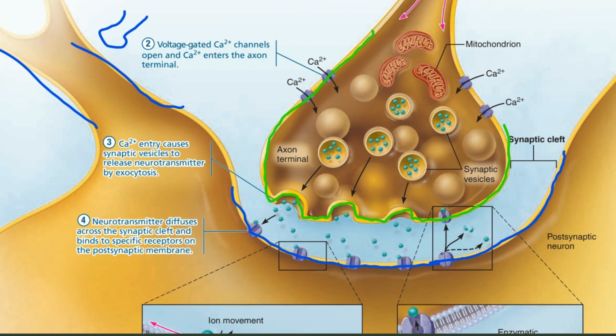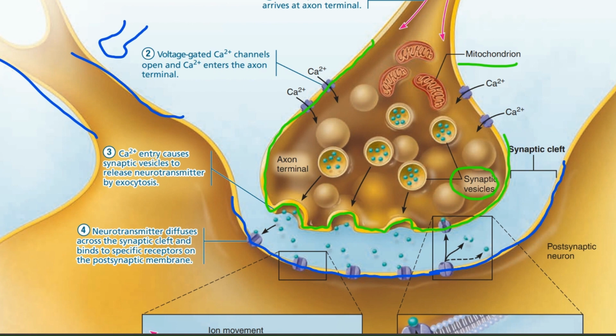Okay? We can see in the presynaptic neuron, mitochondrion, and important synaptic vesicles. These synaptic vesicles store the neurotransmitters, which will be transferred to the other site, to the other neuron. Okay, and we can also see voltage gated calcium channels, which will also have an important role in this whole process.